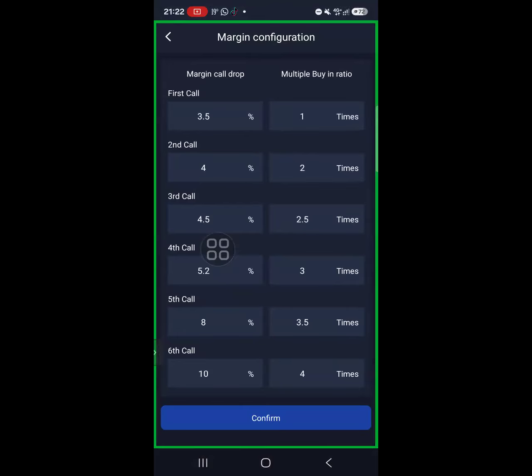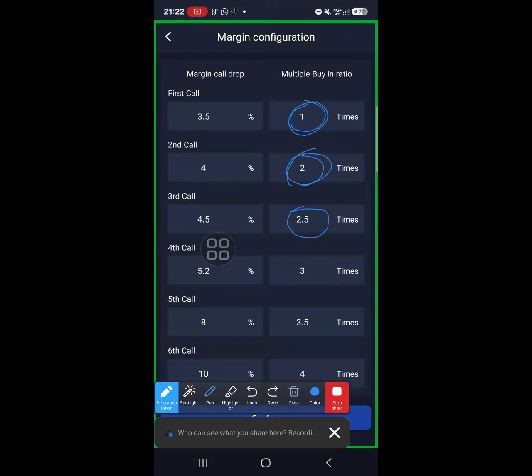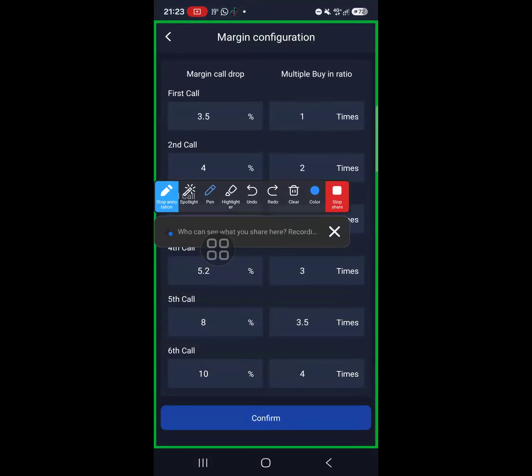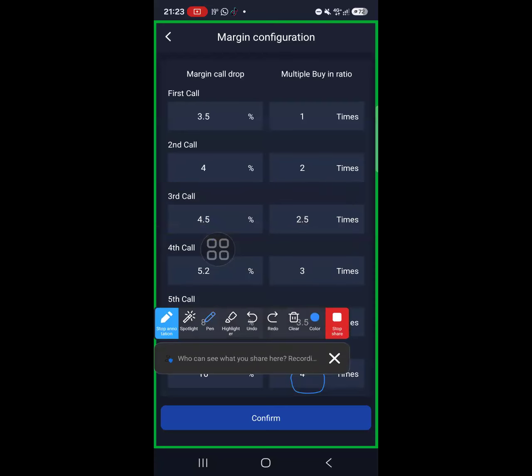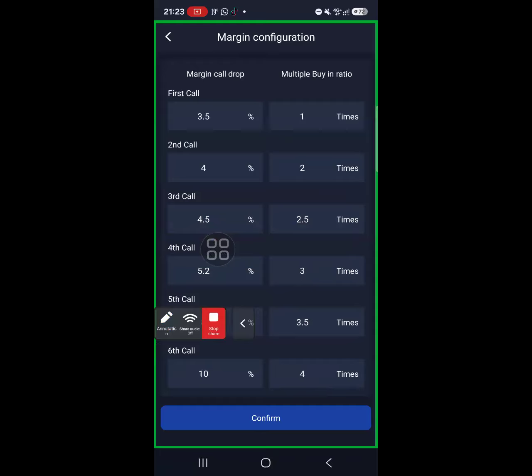So let's add these figures. Or let's start from the top. Let's not start from the beginning. From the end. Let's start from the top.